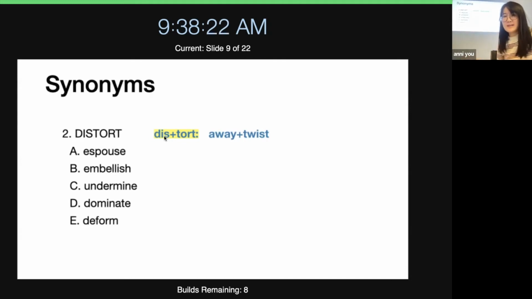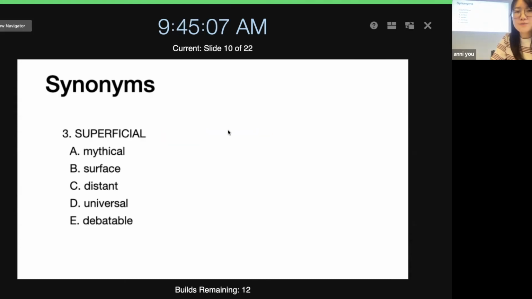Tort is a Latin root that gradually became twist. So distort means you twist something away, you make something change its form. That is distort. Okay, and we have an adjective version for distort, because distort here is a verb, and the adjective is distorted.